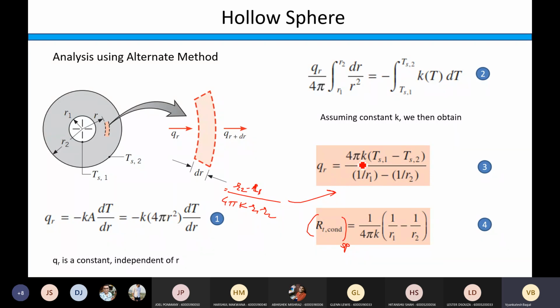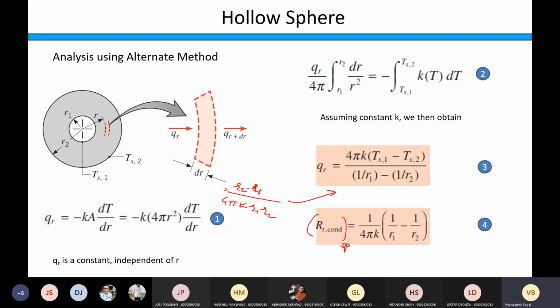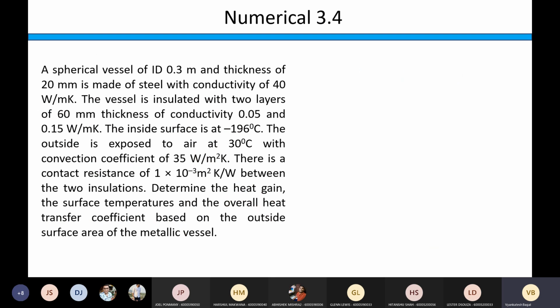So 4 pi k R1 R2 will go in the numerator, and what remains in the denominator is only R2 minus R1. Correct? Remember, this is the variable separable method, and it should be applied only when you do not have the internal heat generation term. I hope you know this.